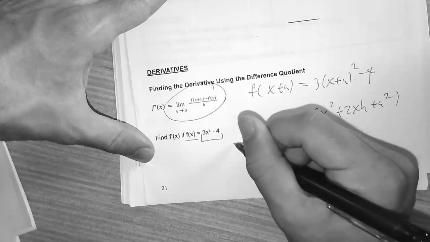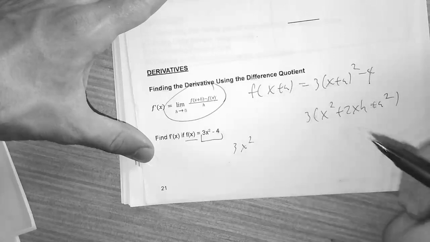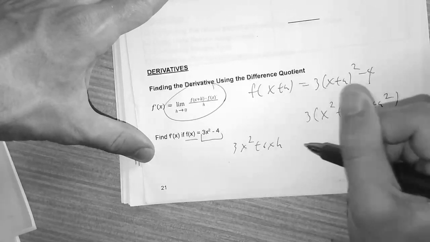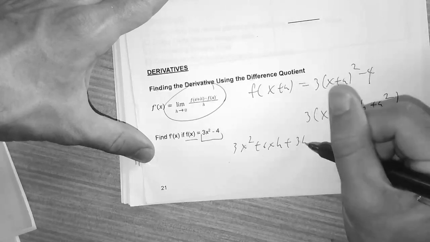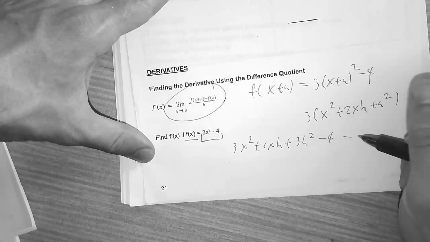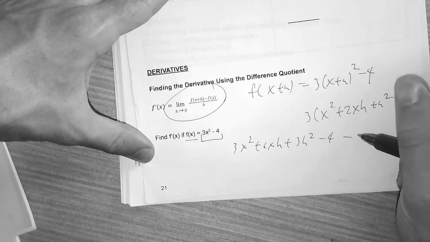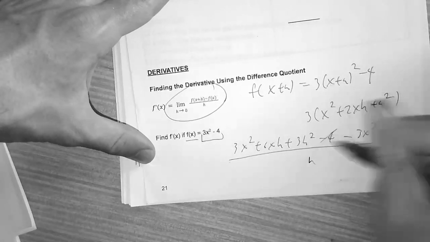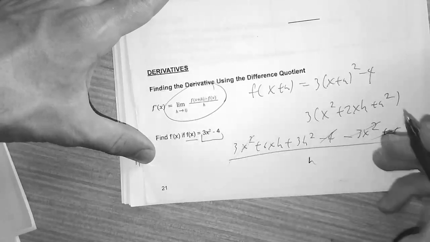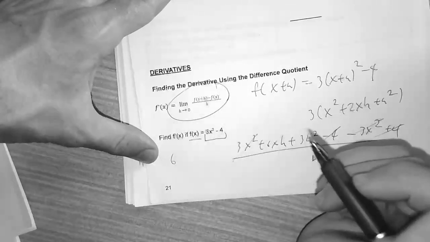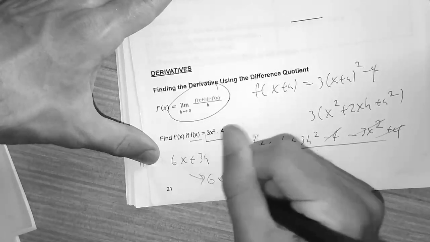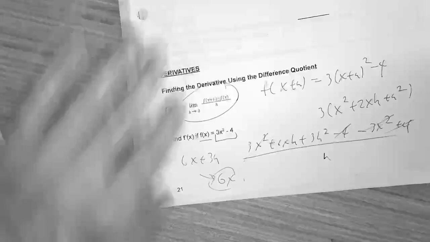So we write it all out, we'd get 3x squared plus 6xh plus 3h squared minus 4 minus 3x squared plus 4, all over h. These are going to cancel, these are going to cancel. So it's going to be 6x plus 3h, which is just 6x when you take the limit. Okay?